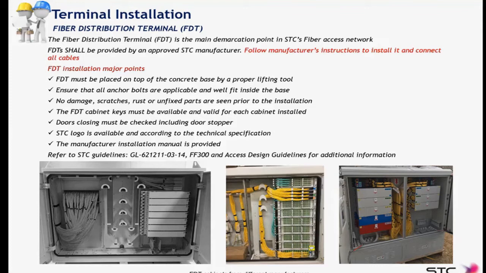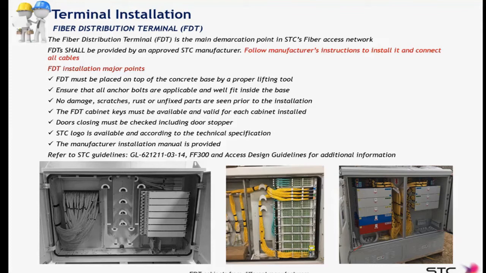So FTTM sites, point-to-point connections, serving key accounts, or even active cabinets such as MSANs or IPDSLAMs, can be served through FDTs connected back to the exchange on the feeders. That's the meaning of having a bypass ODF in the FDT cabinet.